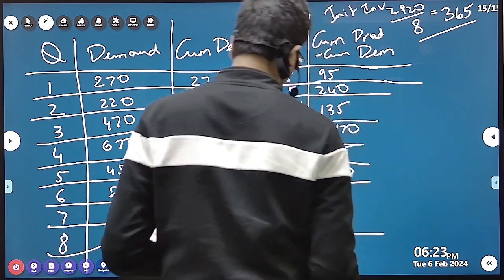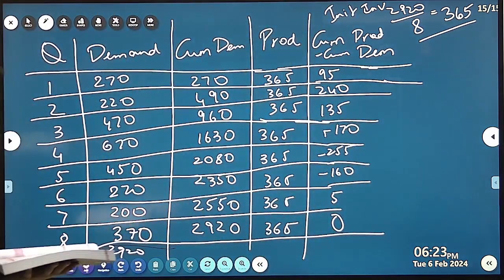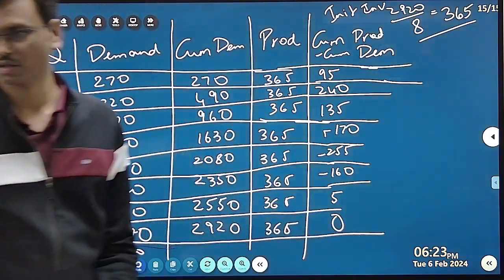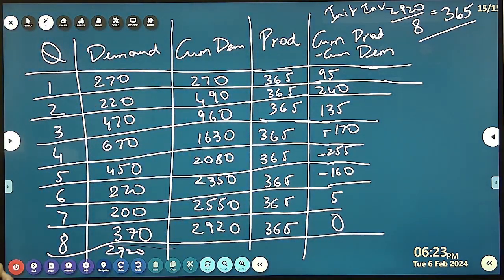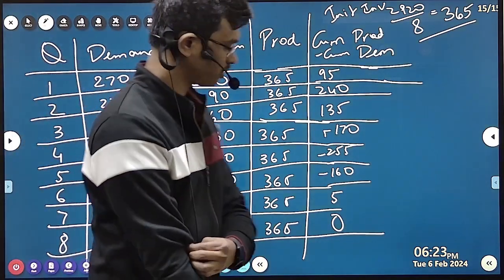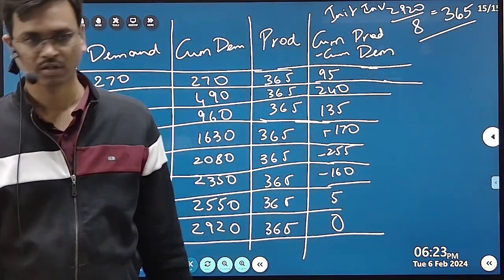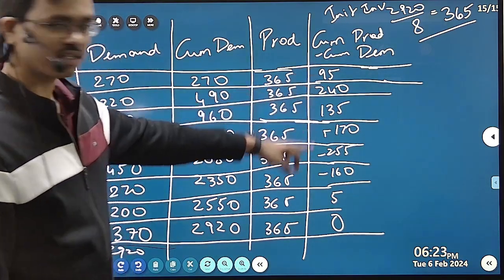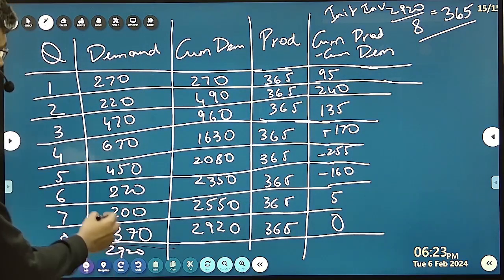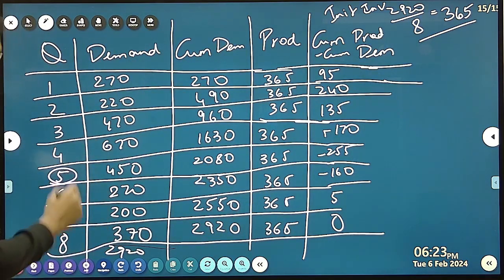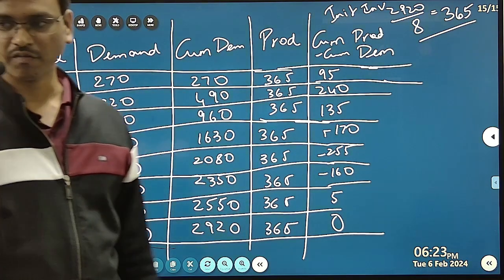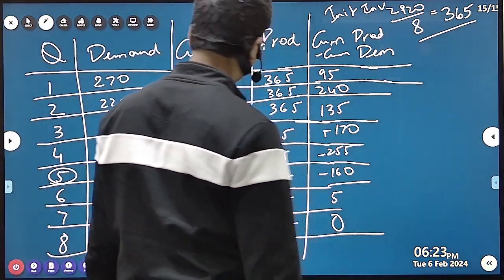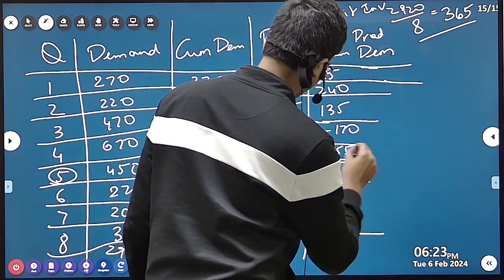If you see here, in quarter number 5 we have a negative of minus 255.